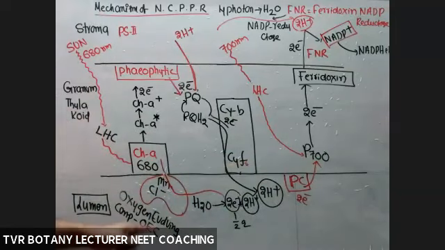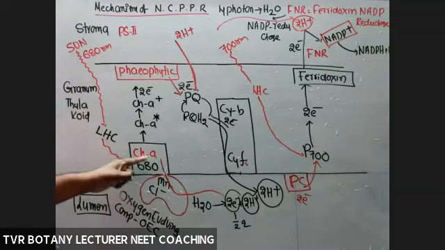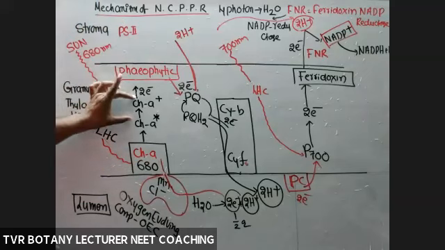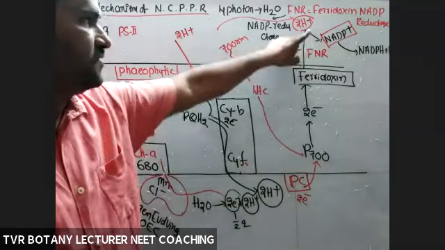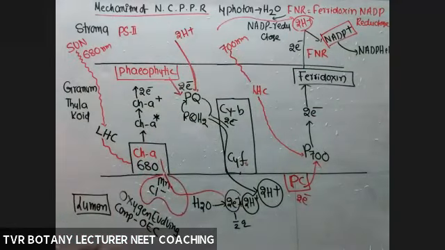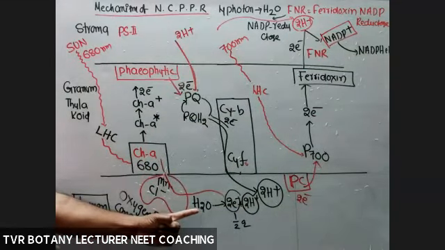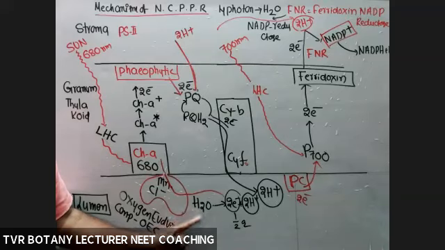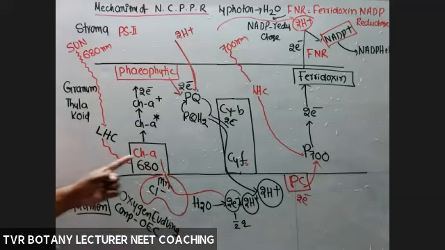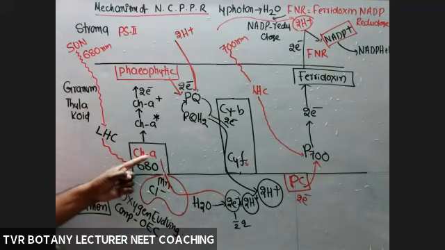So PS2 is giving 2 electrons to 700, and 700 is giving 2 electrons to NADP. And ultimately, who is able to compensate for the electrons? H2O. So H2O is oxidized, only oxidation here. H2O is undergoing oxidation only. Next, what about chlorophyll A?